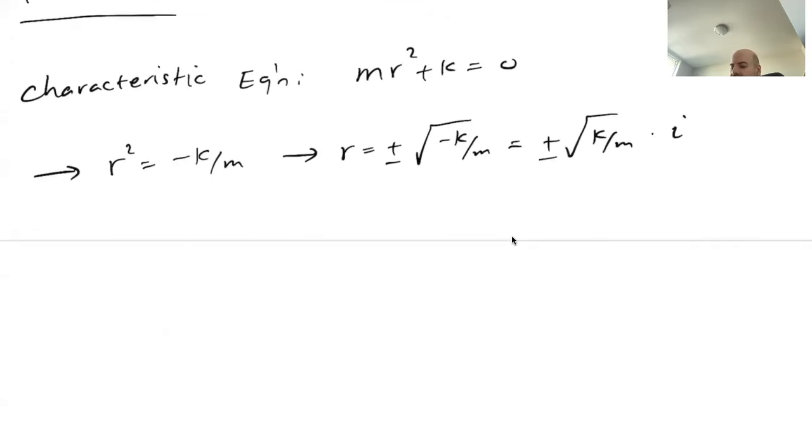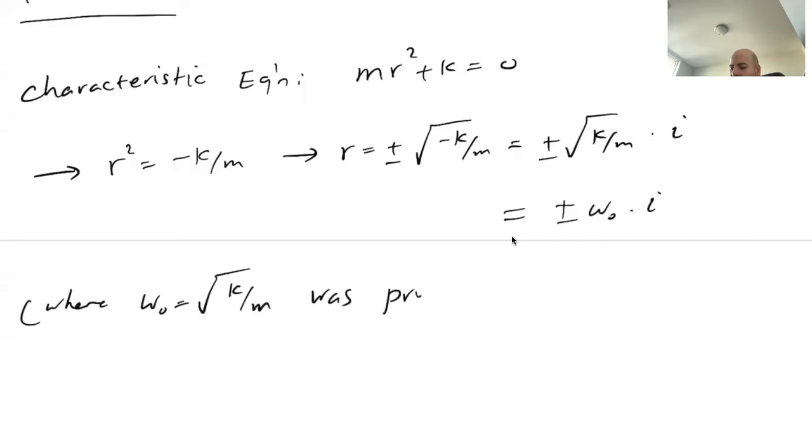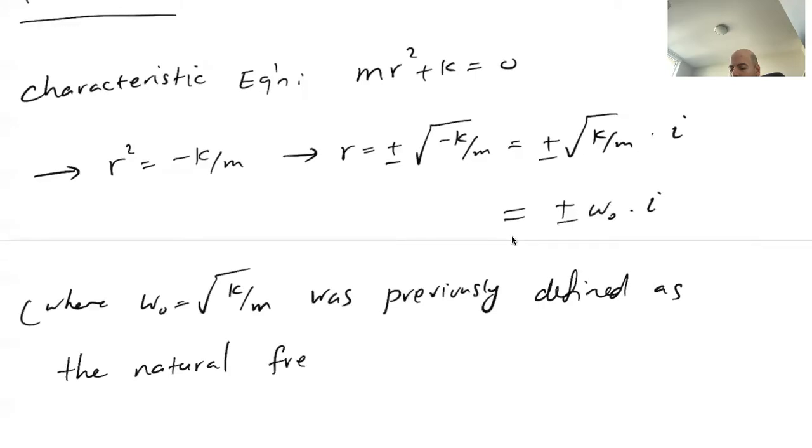So we can write it as plus minus omega naught i, where omega naught equals root k over m, previously defined as the natural frequency.